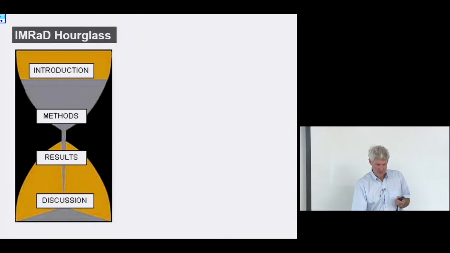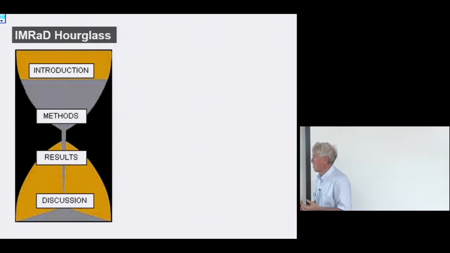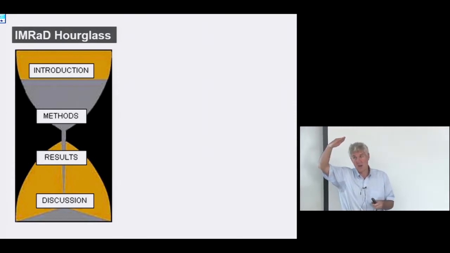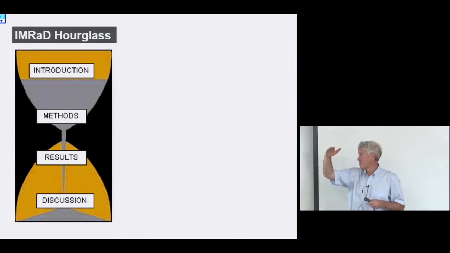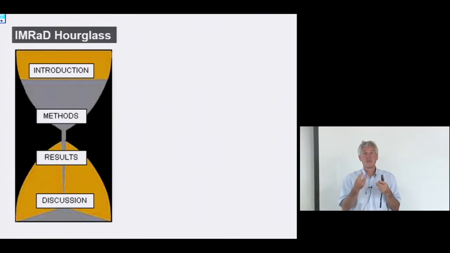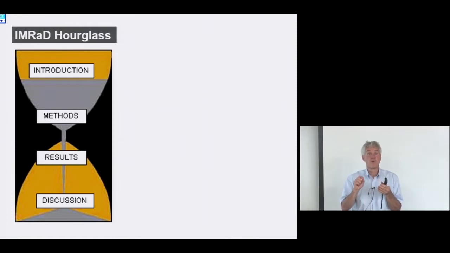So, once again, what I'd like to do now is go into a little bit more detail, but rather than present it in the order of introduction, methods, results, and discussion, I'd like to present it in the way I think most people go about writing a paper or a presentation.